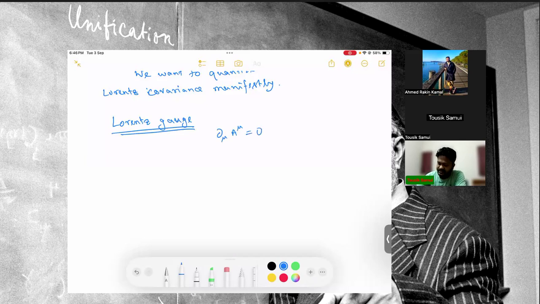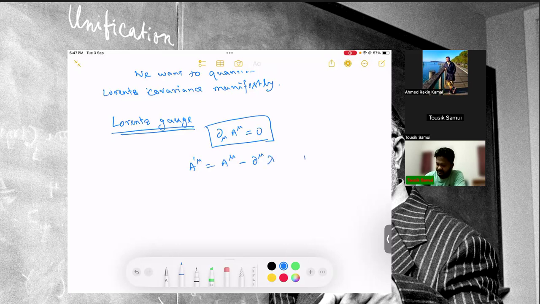Similar to yesterday, if somehow this is not 0, we can always make a gauge transformation: a prime mu is a mu minus del mu lambda.